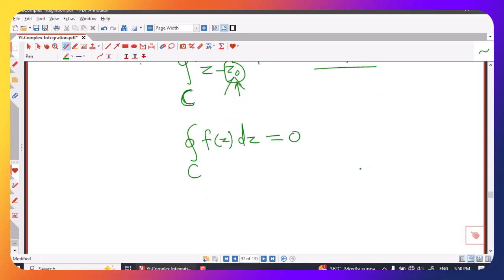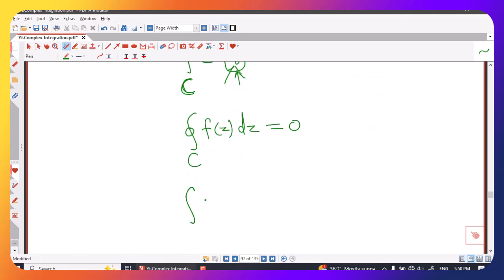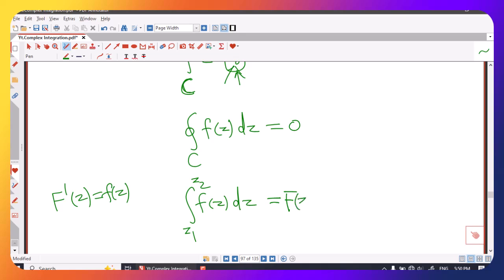And we have seen that if our function f of z is analytic in a simply connected domain, then it will have an antiderivative, and if we are integrating it between any 2 points in that simply connected domain, then value is given by f of z2 minus f of z1.